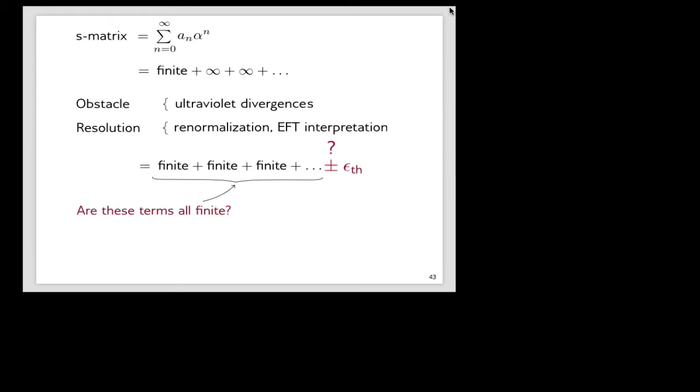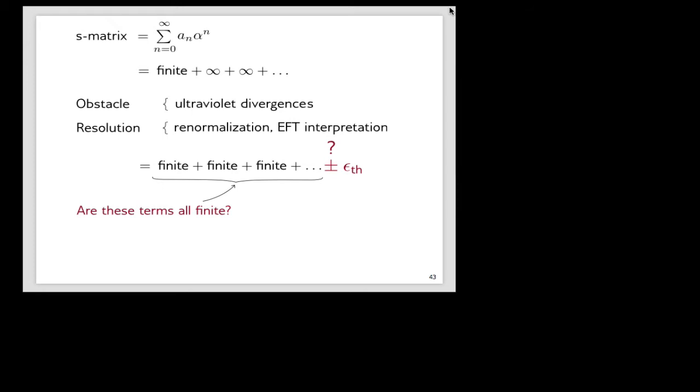So before I get into that, let me just point out where we are. So we've started calculating the S matrix, this thing that's going to tell us the probabilities for the outcomes of scattering experiments. What we saw is that when we do the calculation of the first few terms, if we're lucky, we first get a finite term, but then each subsequent term is infinite because of the ultraviolet divergences.